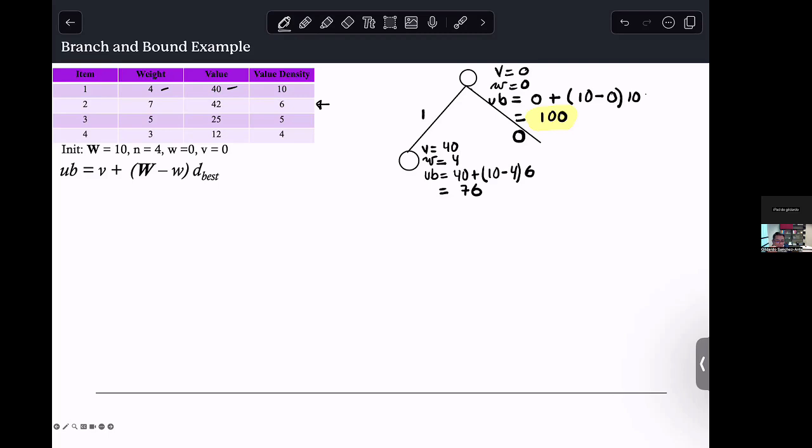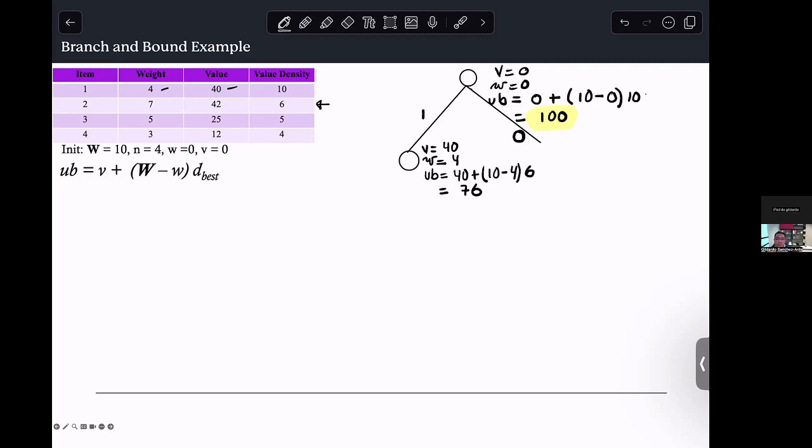And you can notice how this value is already smaller than the promise that I had in yellow before, which was 100. But this is more realistic because I have already started inserting items into the backpack, okay?